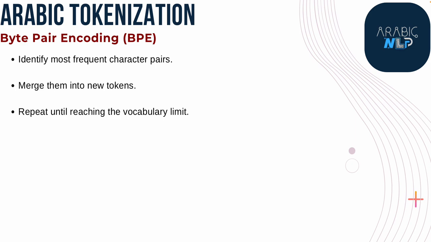Instead of treating each character separately, we merge common patterns. The process is very straightforward: we identify the most frequent character pairs, merge them into new tokens, and repeat until reaching the vocabulary limit.